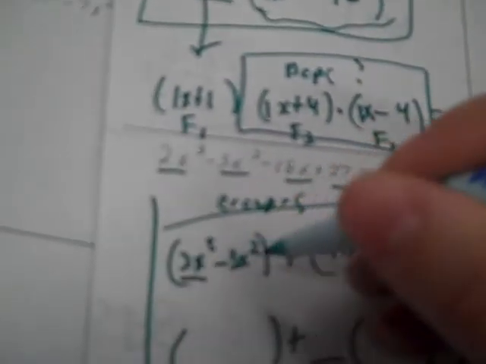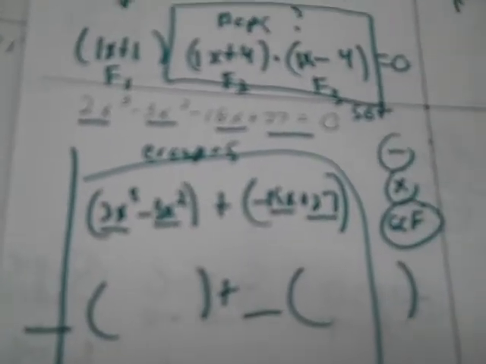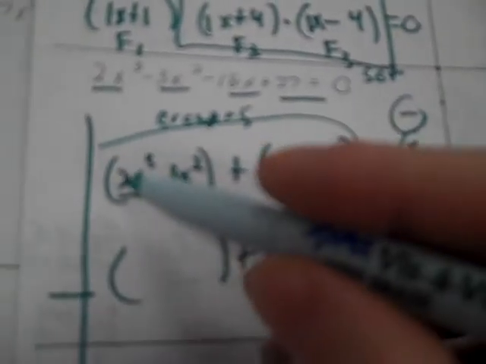So I have 2x to the power of 3 minus 3x to the power of 2, and then I have negative 18x plus 27. Okay, now underline, but you're only looking at 2 of them, so negative x and GCF. Okay, now negative.